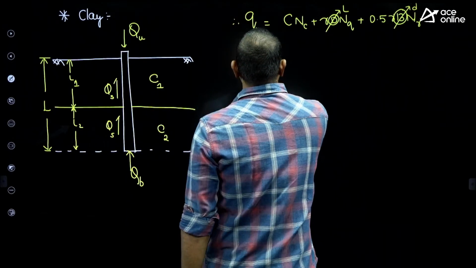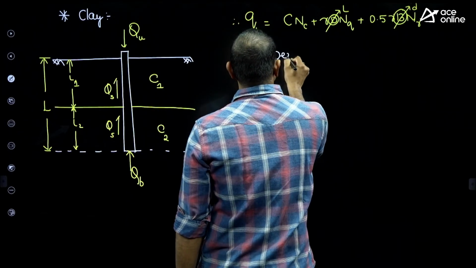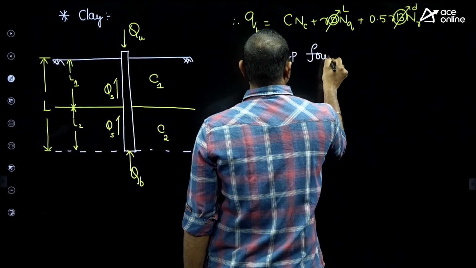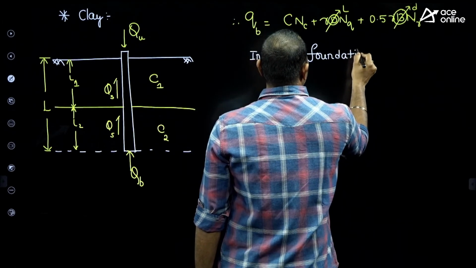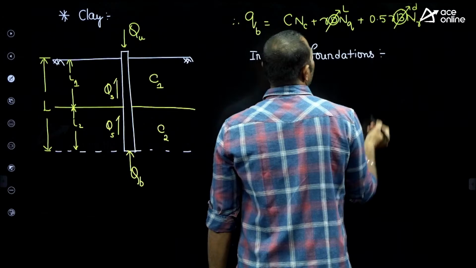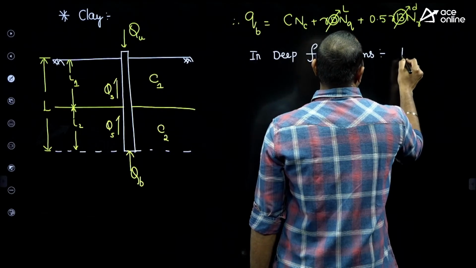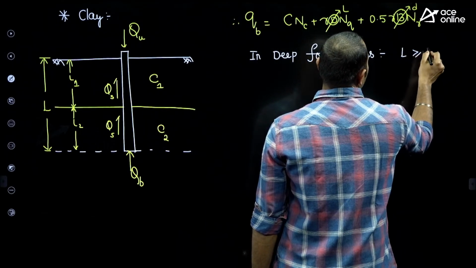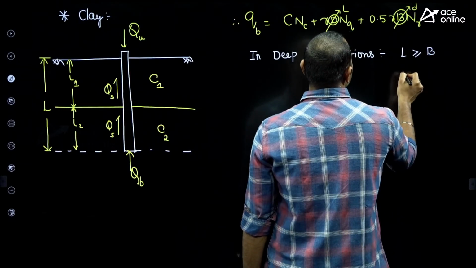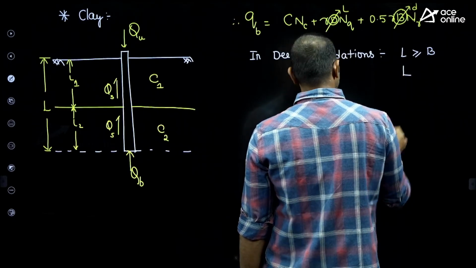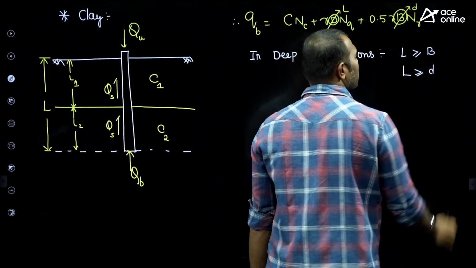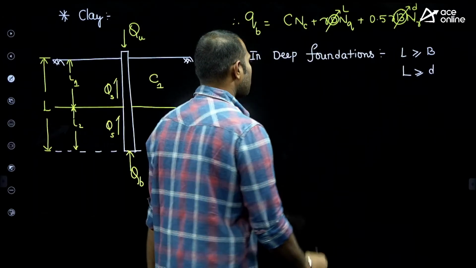In deep foundations, the length is very much greater than the width, so you can neglect the width effect.